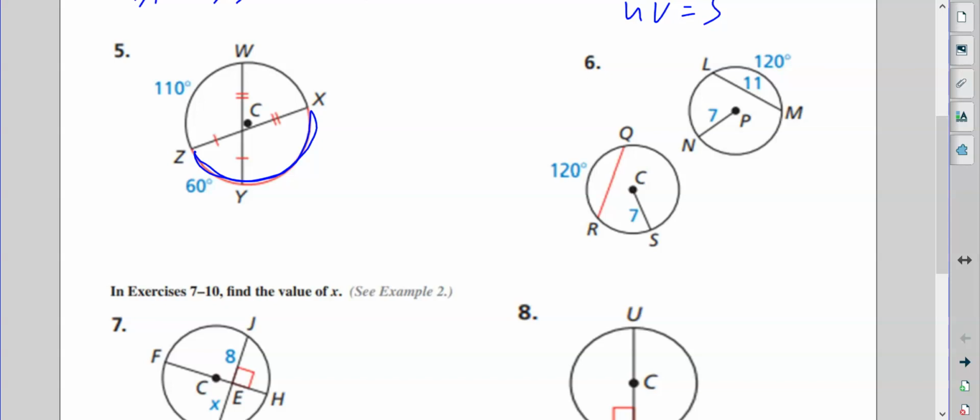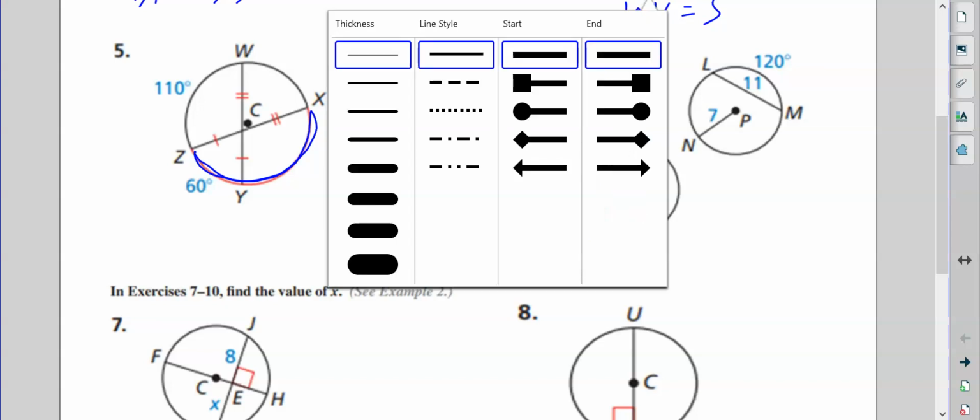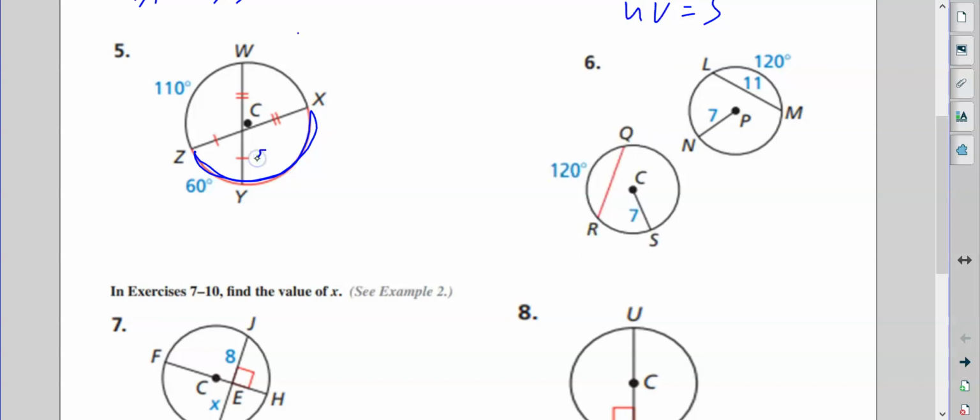Okay, so this one can be a little tricky because we're looking at the congruent corresponding chords theorem. So let's just make up some numbers. Let's say this was 5 and this was 5, and this was 10 and this was 10. That means this is 15, and then this is 15.